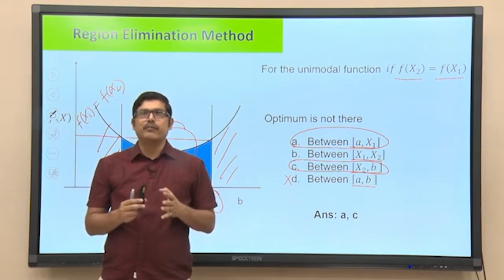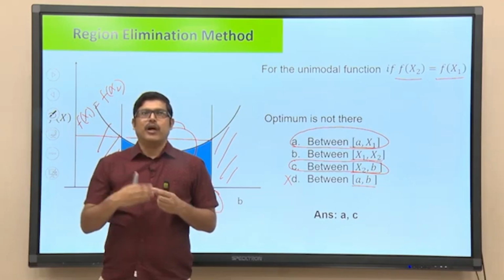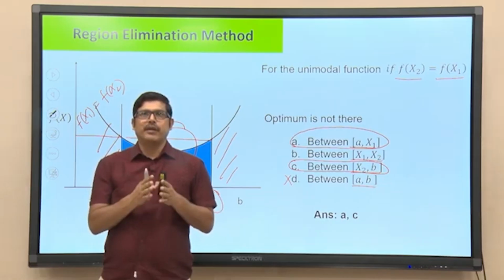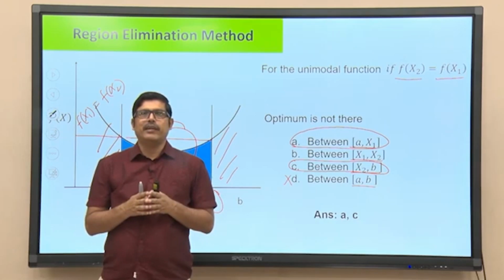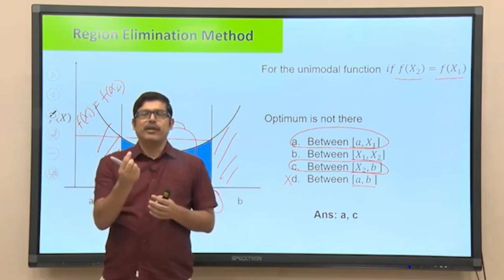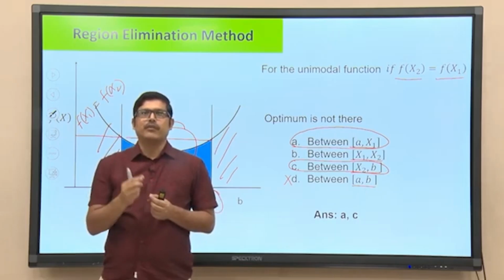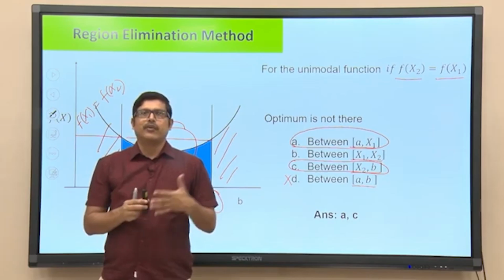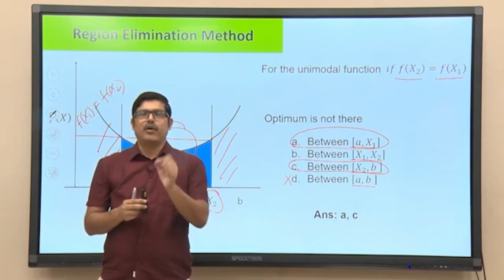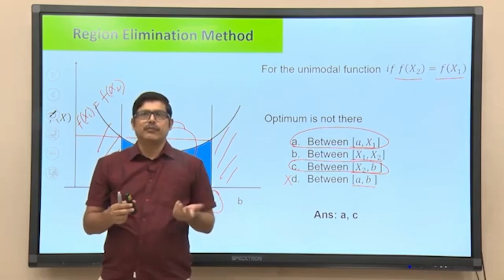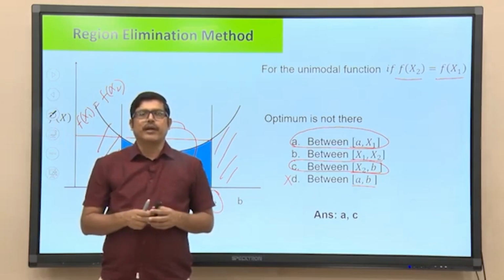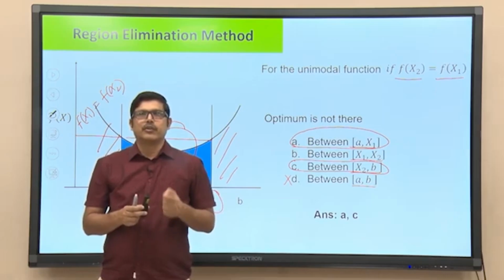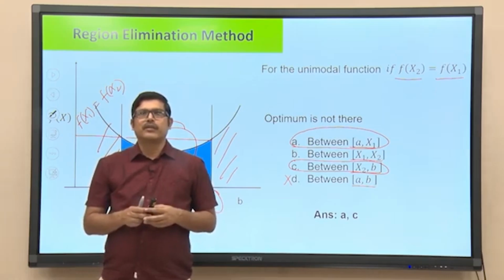Basically, we are trying to eliminate the region where optima is not there. So, with some iterations, the region will be eliminated and finally you will get a very small region where optima is there, and if your precision is satisfied, then you can say that the particular point is your optimal solution. We can declare that particular solution as an optimal solution.